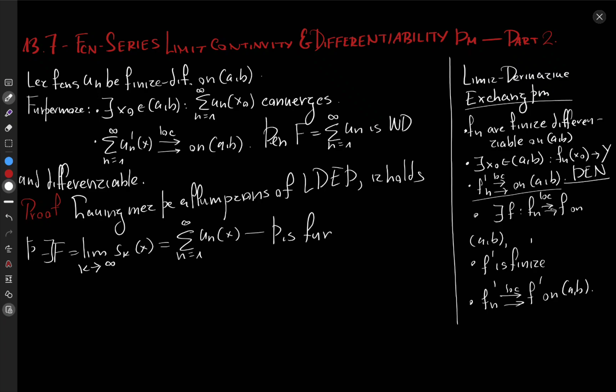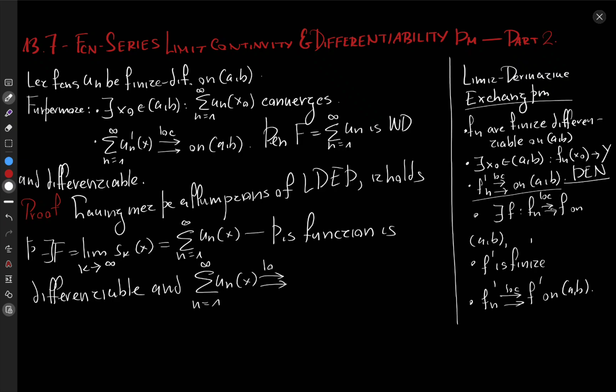This function is differentiable and the series iterating through 1 to infinity of un at x converges locally, exactly as the theorem tells us, to f, right? And the series, as n iterates through 1 to infinity of the first derivatives of un of x converge locally to f derivative, or f prime of x on the interval AB.